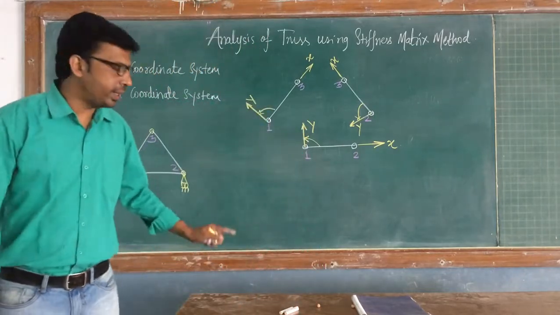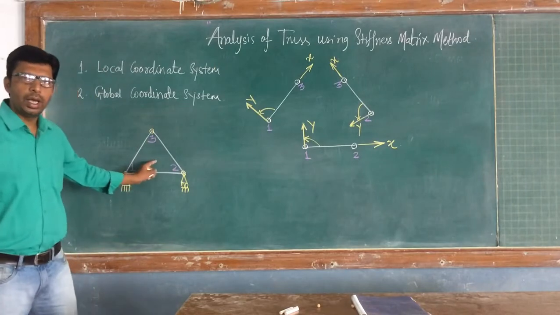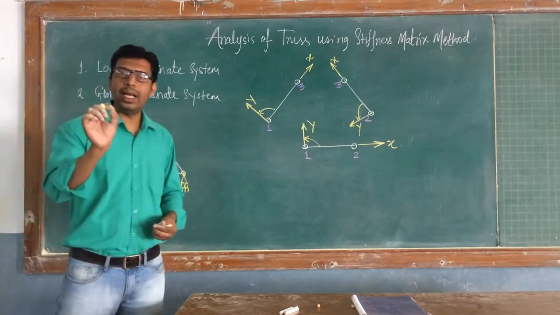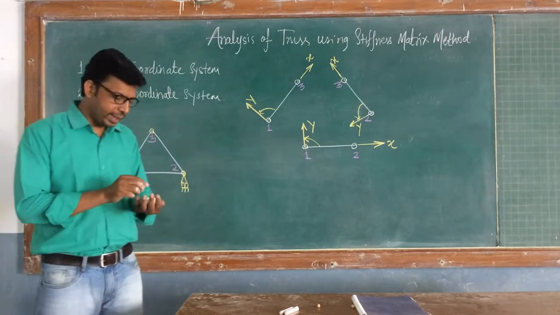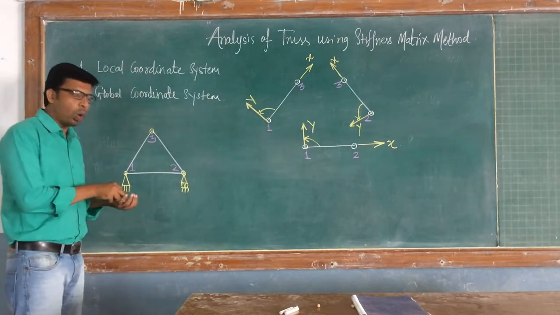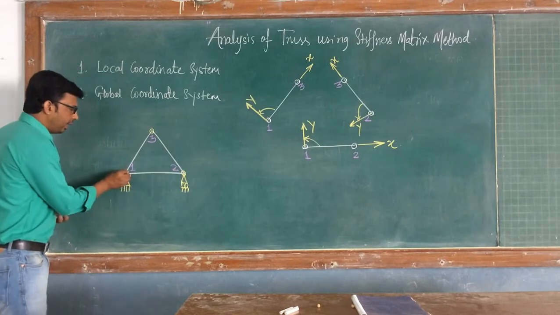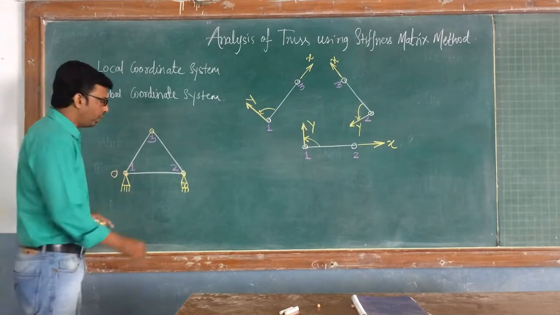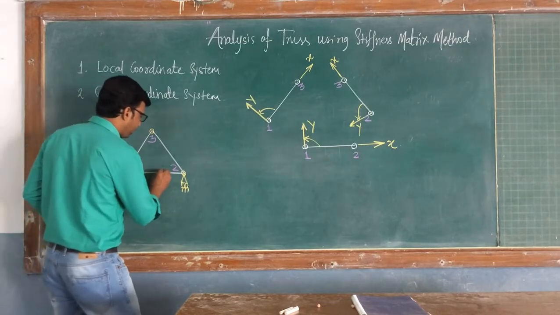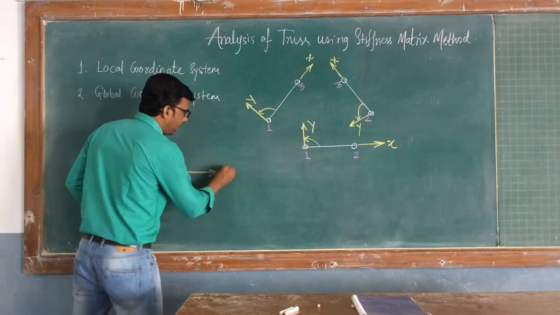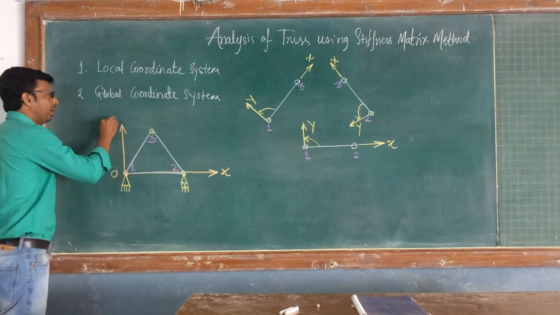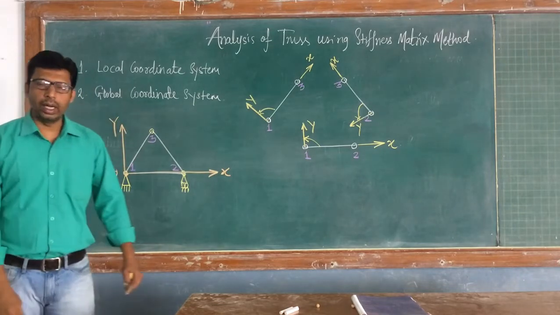Now if you look at this truss, for the whole truss, if you assume a single coordinate system, that is, this is origin O, and the x-axis is horizontal and the y-axis is vertical.